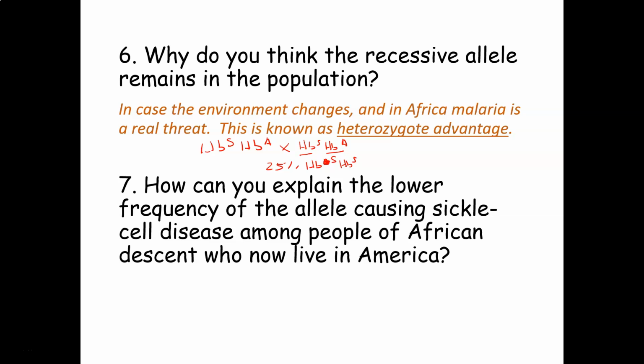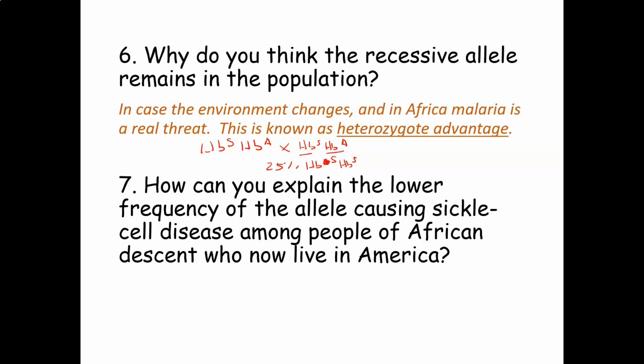The second piece to this is that it also isn't getting weeded out of the population because remember, being heterozygous carries its own advantage. We end up continually seeing a slightly higher heterozygous frequency in places where malaria exists, because malaria is a real threat to those populations.